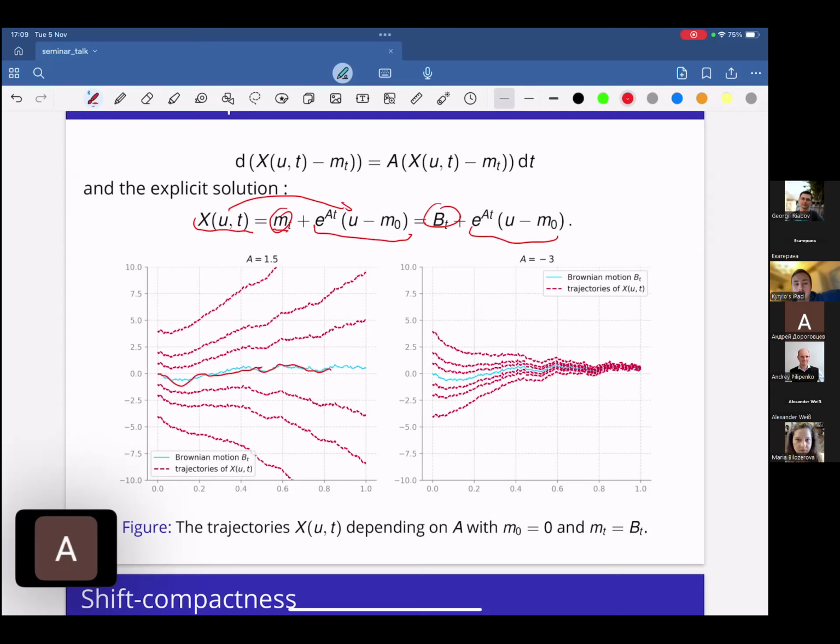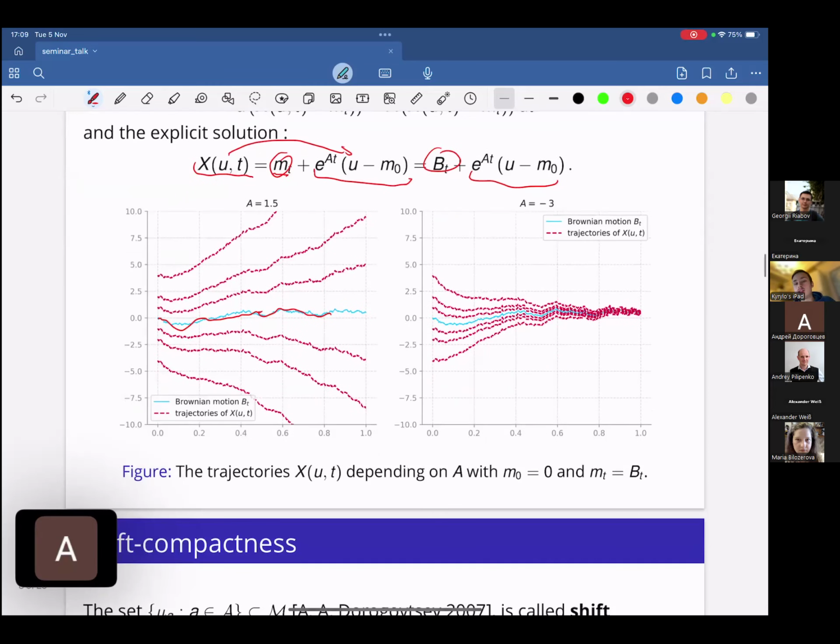When a is positive, all other trajectories move away from our center. When a is negative, they move like the center of mass, all points go to and move like one point, and the whole measure mu t is just one point.